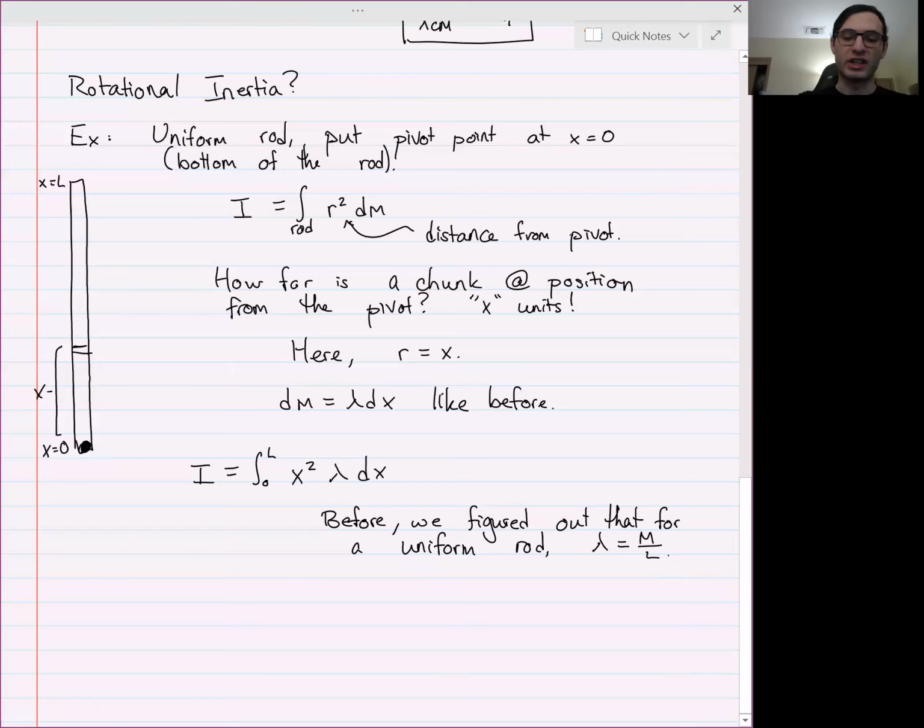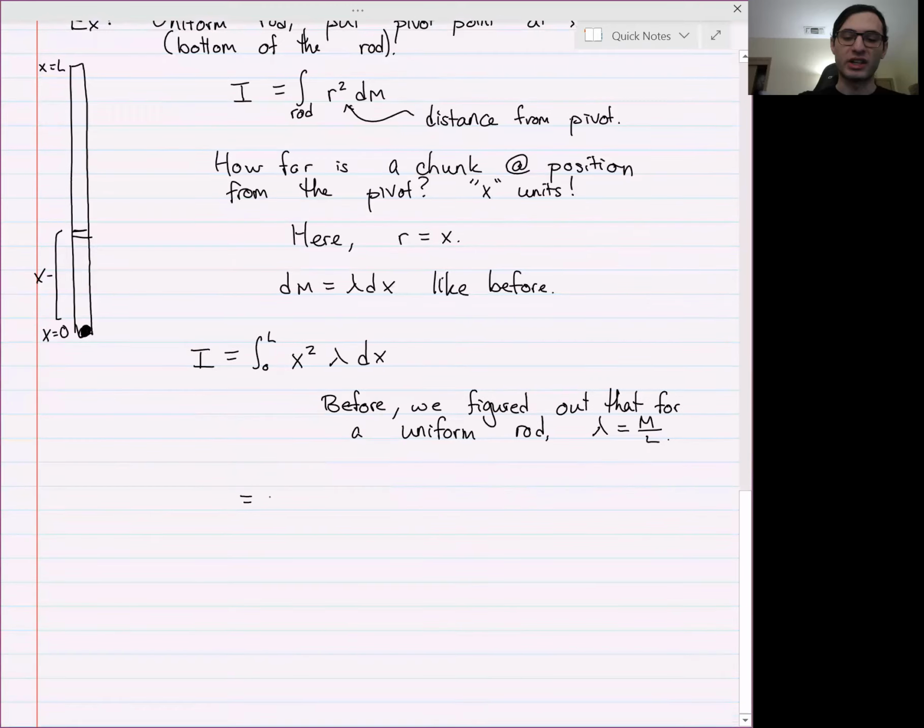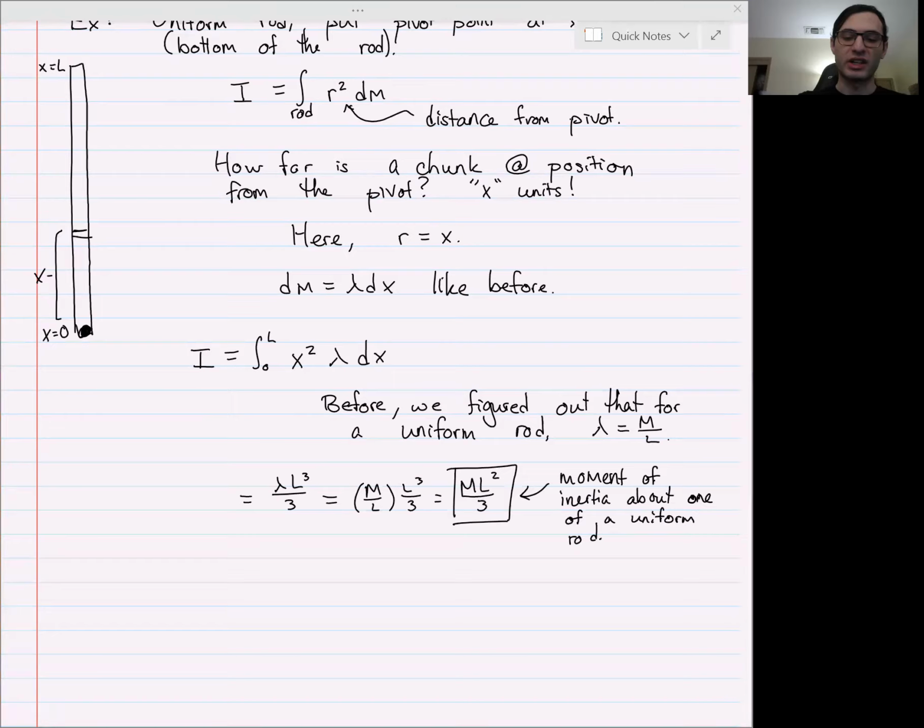So that's what we're going to substitute in. After doing this integral, we get lambda L cubed divided by 3, which is just m over L times L cubed over 3, which is just mL squared over 3. So this quantity here, mL squared over 3, is the moment of inertia about one end of a uniform rod.